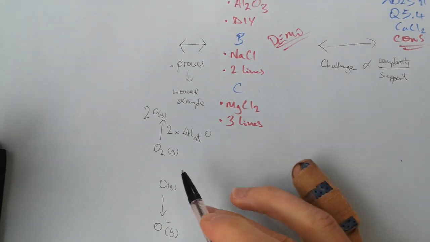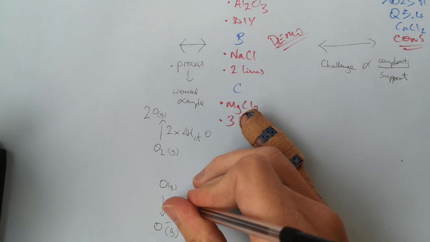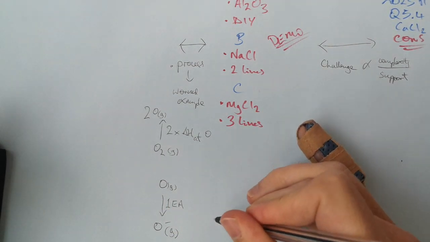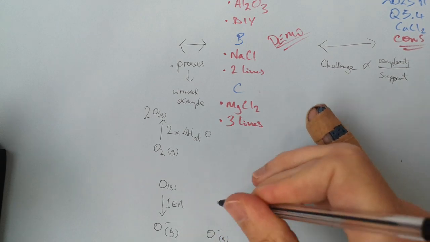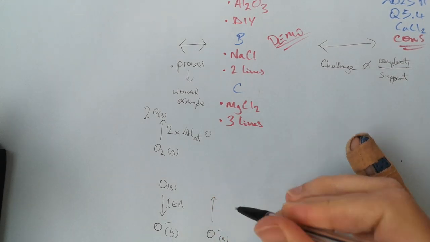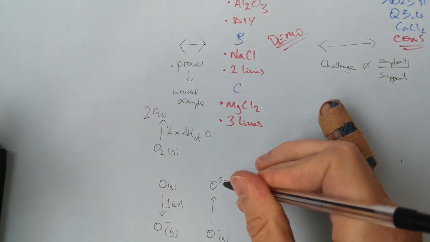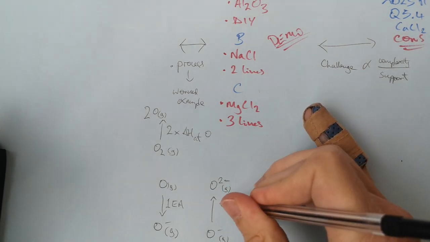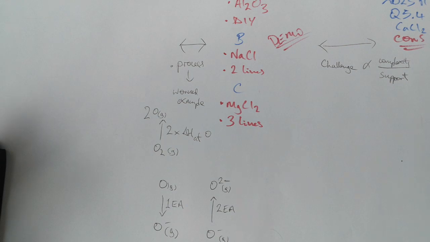But then we want to add another mole of electrons to my oxygen. When I do my second electron affinity, so that's the first EA, the second electron affinity, when I'm adding electrons to the O minus, that's now going to be a positive change because you're trying to add negative electrons to something which is already negative. So there's a big repulsion, so that's going to be positive. I want to really make sure that my students are aware of that in my worked example.